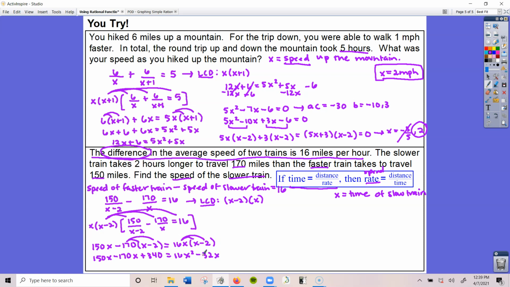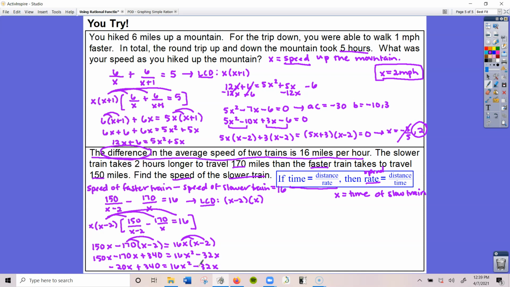I end up here with a quadratic, so we're going to want to make this equal to 0. But first we can combine these two terms here, and that gives me negative 20x plus 340 is equal to 16x squared minus 32x.